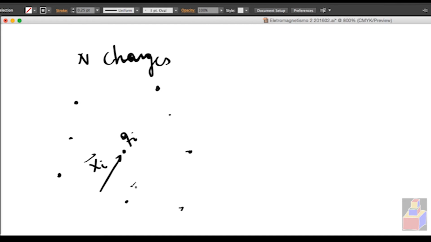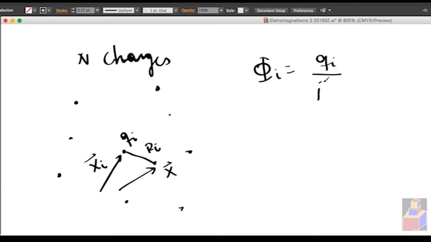And let's say that x is the position in space. So I can calculate the potential at x by adding up the individual potentials. Okay? So I have to know the distance between xi and x. This distance here, let's call Ri. The potential of this charge, let's say phi i, equals Qi divided by Ri, and the total potential is an addition of all the potentials.